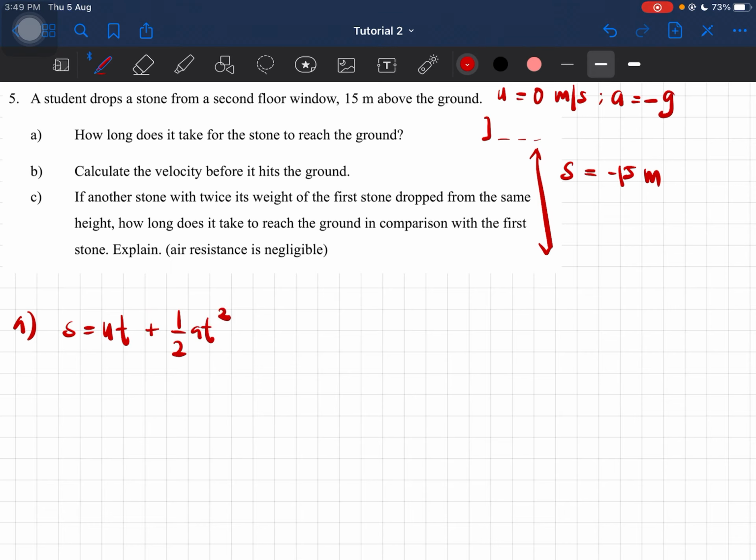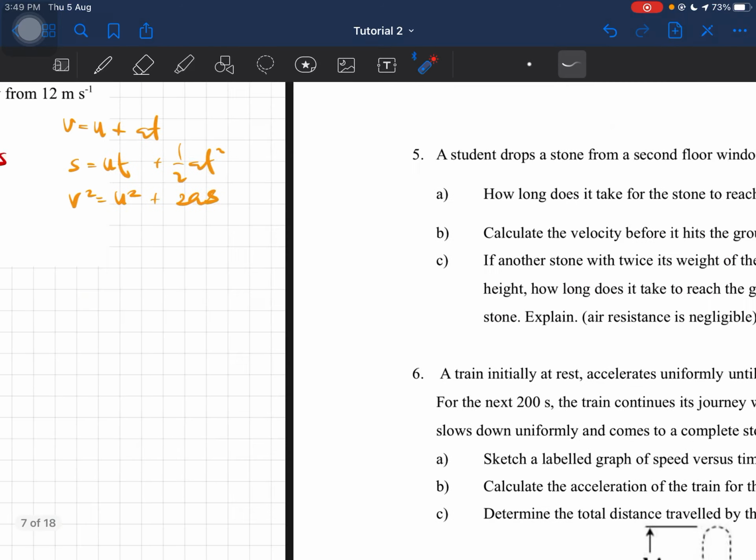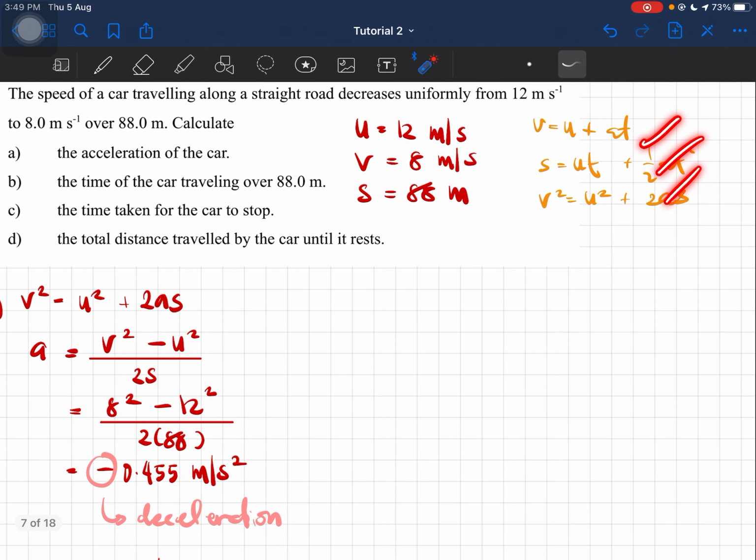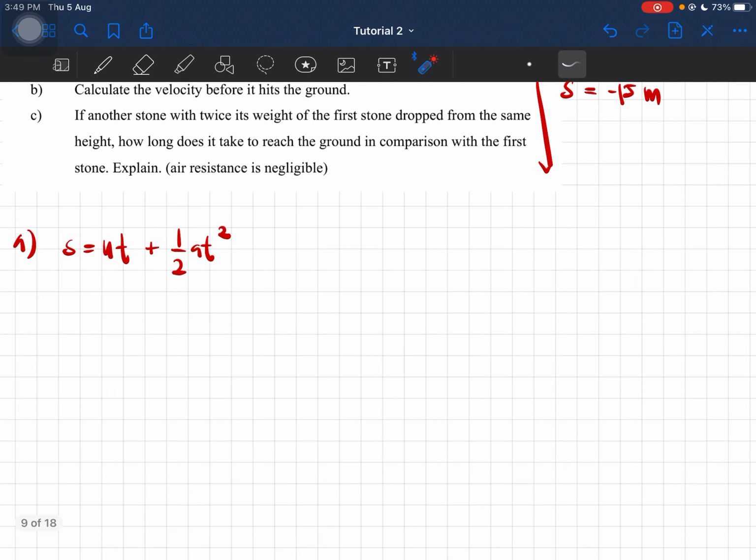Why am I not using the other two formulas? Again, because of what information is available. Just keep in mind you can use all three equations, but if the information is not enough, you have to stick to the one equation that is suitable.